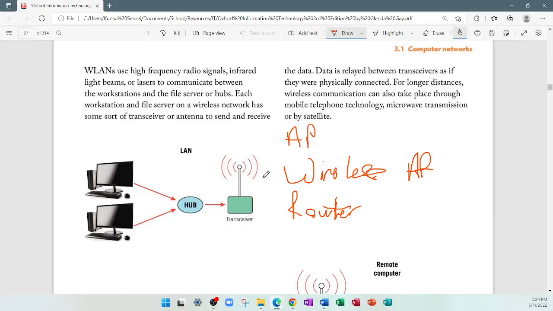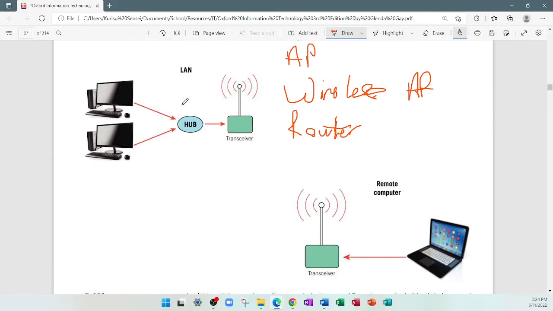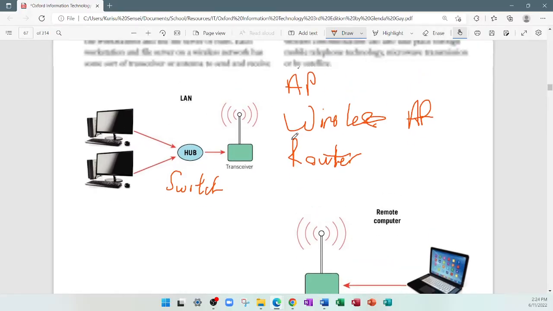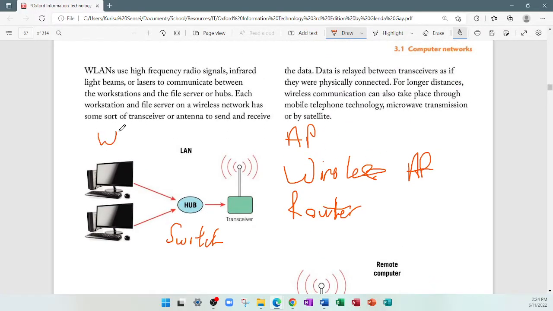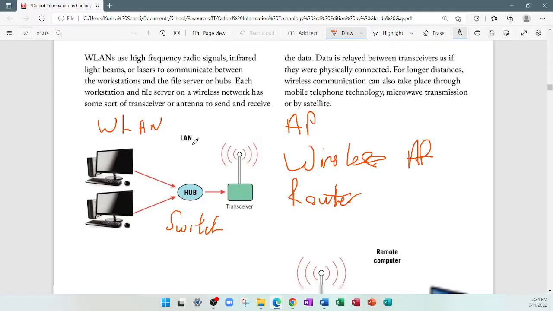It attaches to the switch or the hub, but remember we use a switch today. A cable runs from the access point to the switch, and that gives us the wireless part of our network, which we call WLAN, an extension of LAN, the wireless LAN.